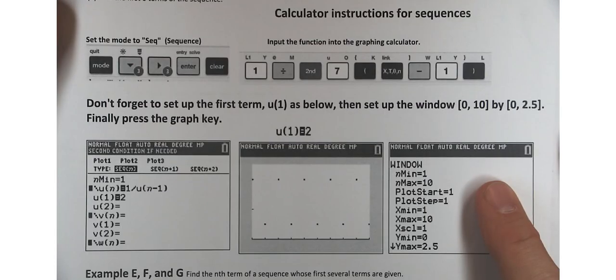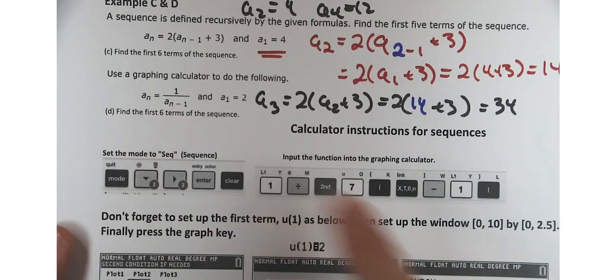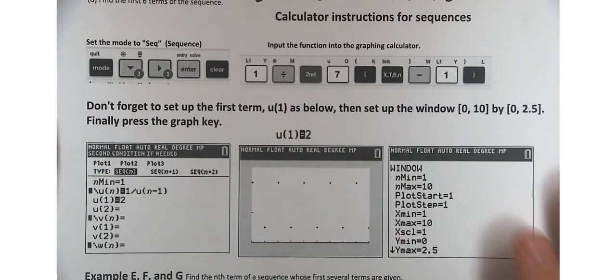If you're looking at this later, then here are some instructions to put this in and plot this sequence. You can graph those. Notice it's not playing connect the dots here. You're just getting what happens at those integer values of n. You're not getting anything in between.